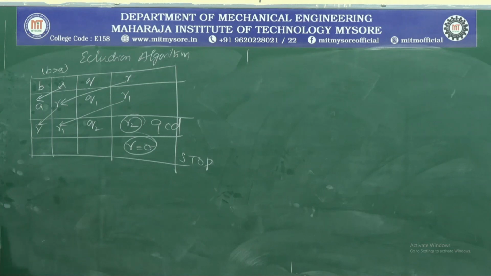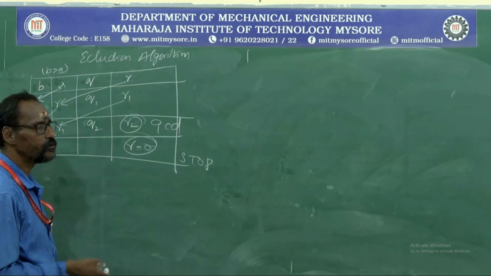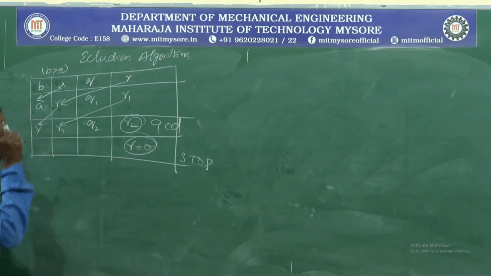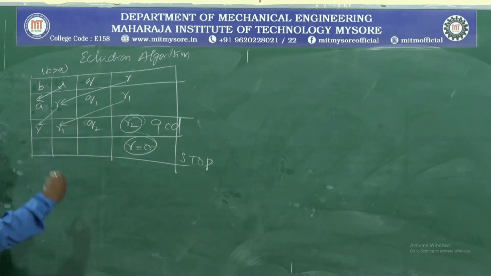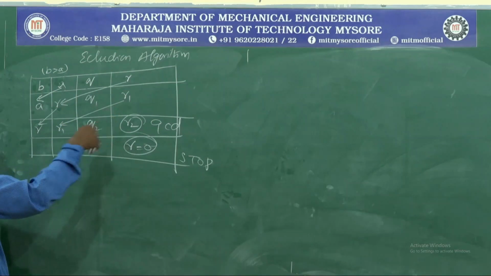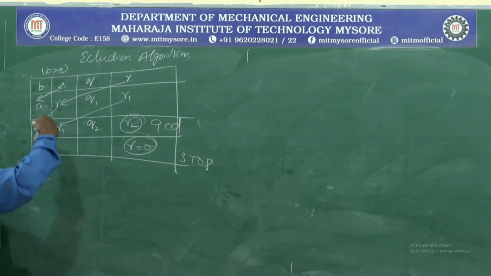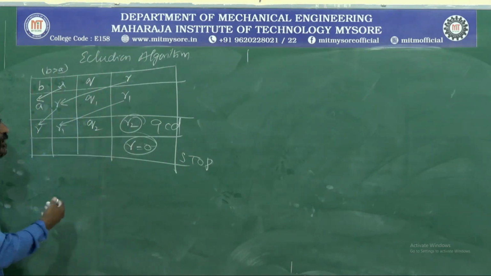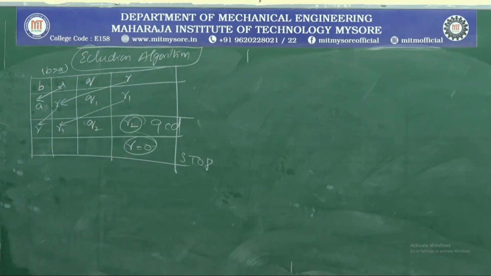The Euclidean algorithm works only on the division algorithm. You know what the division algorithm is? B equal to AQ plus R. Using that concept, repeatedly apply the division algorithm until you get the remainder 0. The previous value of the remainder is going to be the GCD, and this process of repeatedly applying the division algorithm is the Euclidean algorithm.